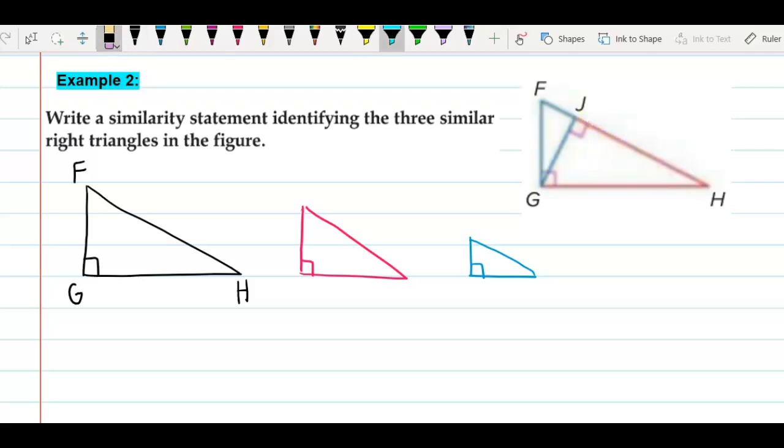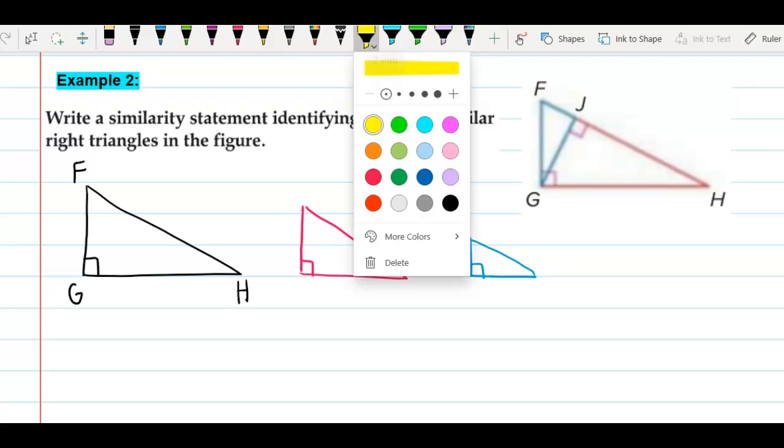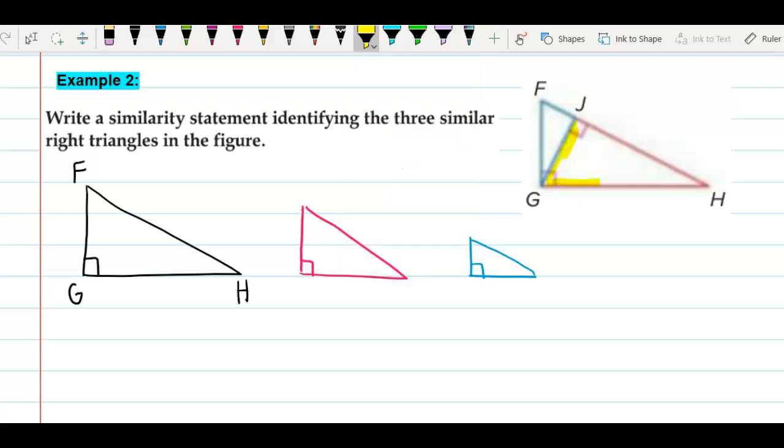Okay. Next, I'm going to look at the red triangle. So this triangle here. Now my options are G, H, and J. My first thing is, which one is the right angle? A lot of times when I do this problem for the first time with a class, they always want to say G. G is no longer a right angle because in this triangle, it's only taking this piece of G. It's not the entire angle.